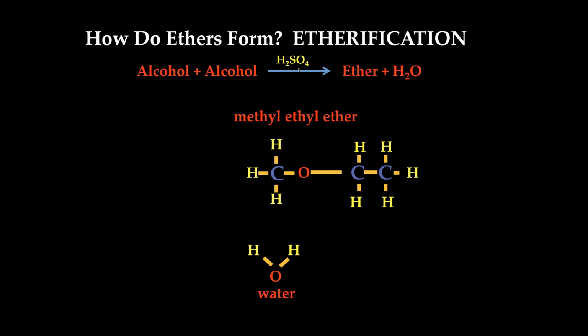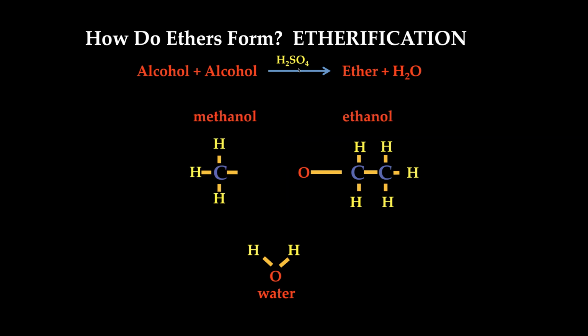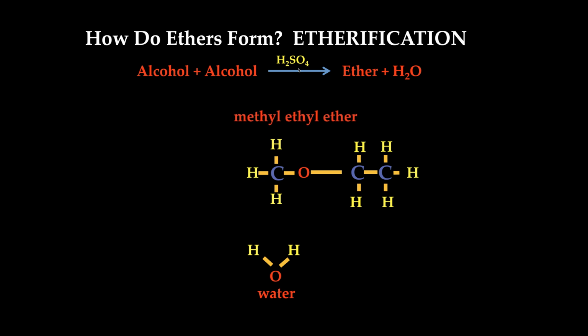The name of the ether is based on the names of the alcohols that made it. If we used methanol and ethanol, the name of the ether is methyl ethyl ether. So very cleverly, the name of the ether is actually the recipe for the ether. To make methyl ethyl ether requires methanol and ethanol.